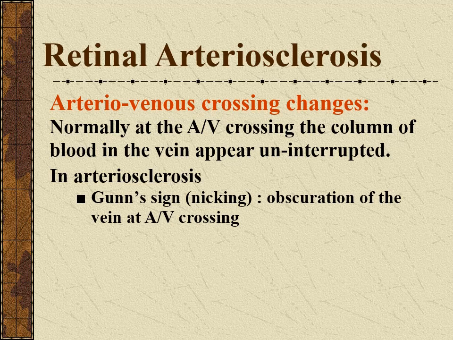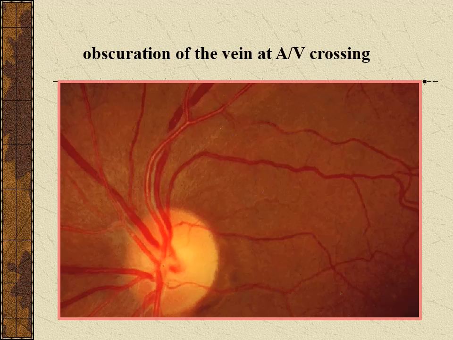The most important is Gunn's sign, also called necking, where at the area of arteriovenous crossing, part of the vein is not visible. It is called Gunn's sign, or obscuring of the veins at the arteriovenous crossing.